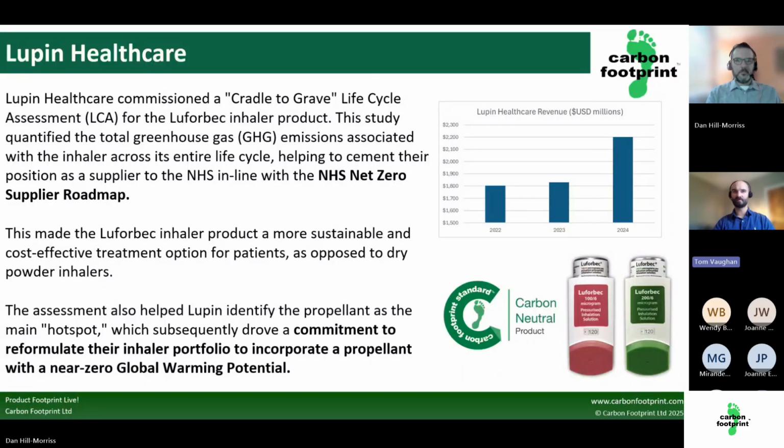It had a global warming potential kind of 200, 300 times more potent than CO2, and it made up about 90% of the overall emissions. So what they are looking to do now is replace this propellant with a near zero global warming potential one, and it's just a quick and easy way of drastically reducing these emissions.